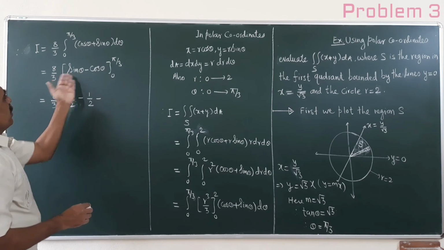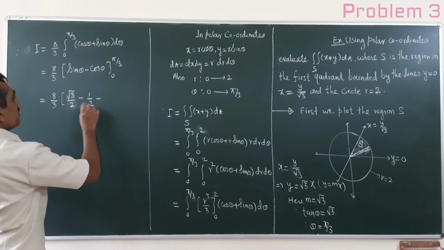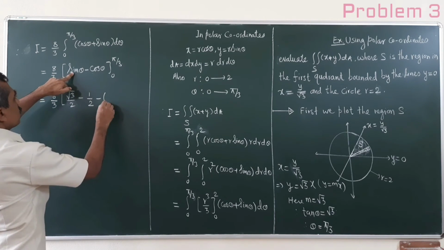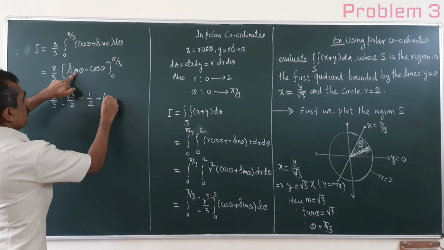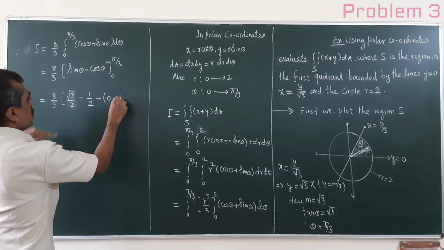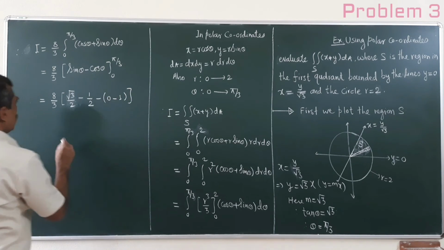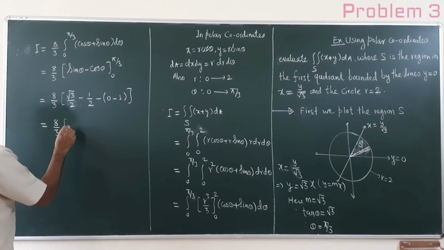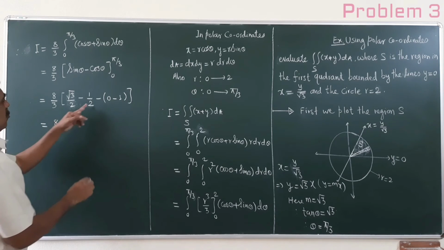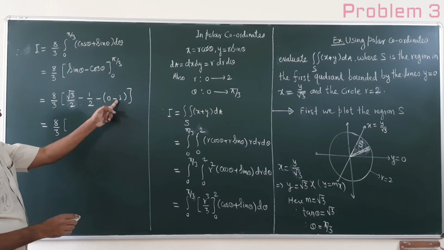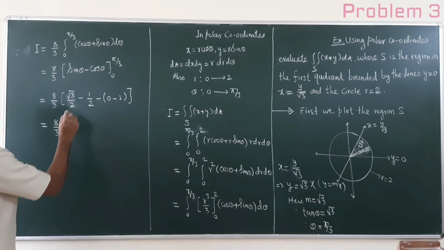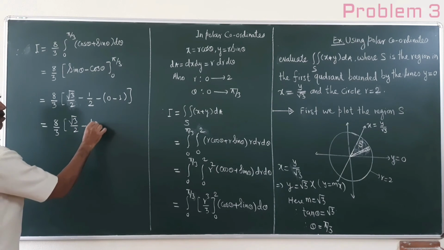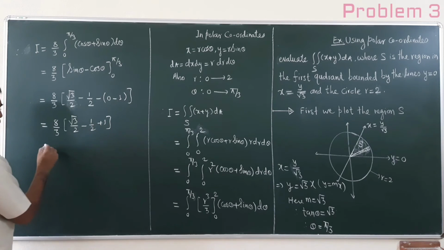So sin pi by 3 minus cos pi by 3, minus, now sin 0 minus cos 0 is minus 1. So what you have is 8 by 3 into bracket, this minus will become plus 1. So we will simplify this: root 3 by 2 minus half plus 1.